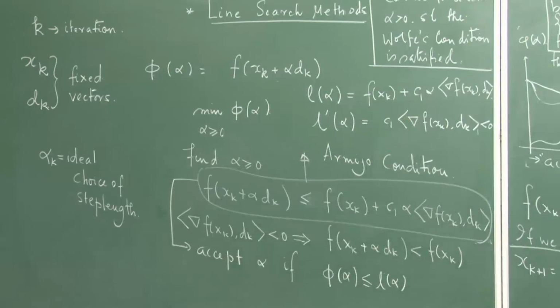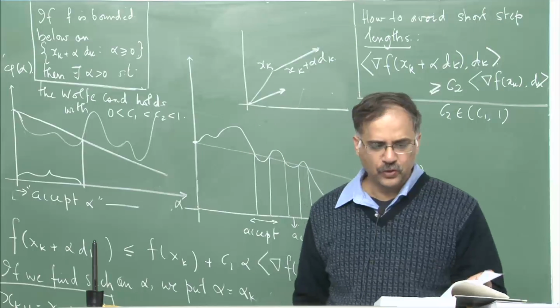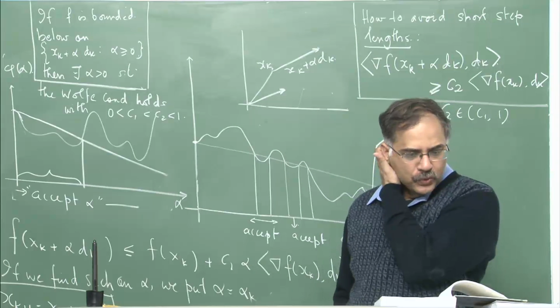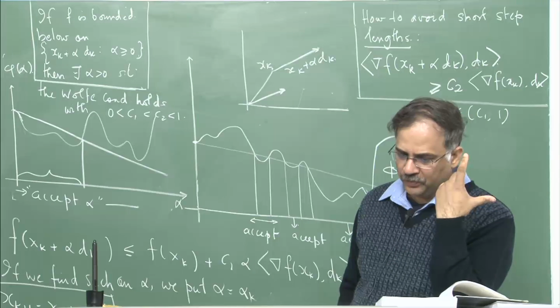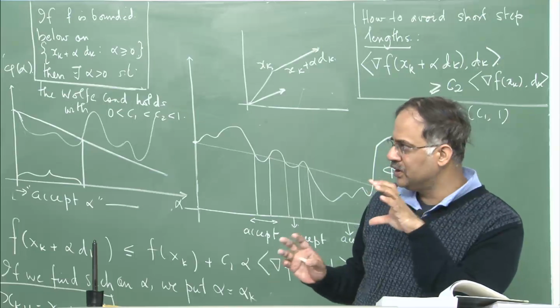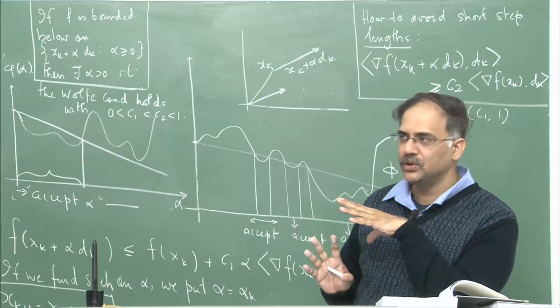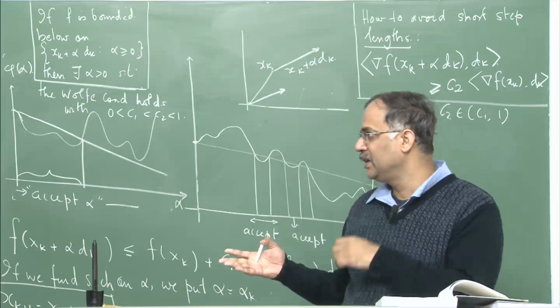Once we have proven this fact, we would like to show how to use the Armijo condition, that is, we do not use the Wolfe condition. In real practice we can actually use the Armijo condition, and that is called the backtracking line search.